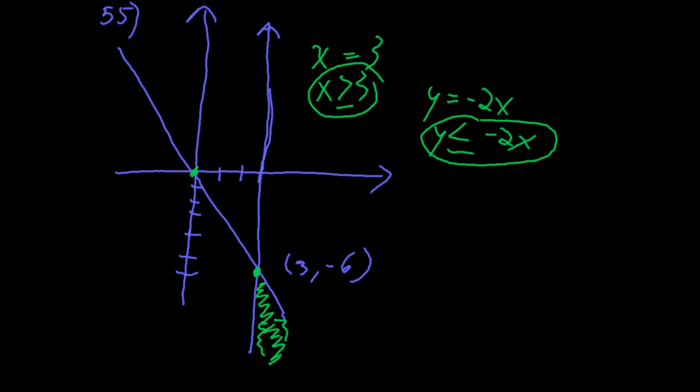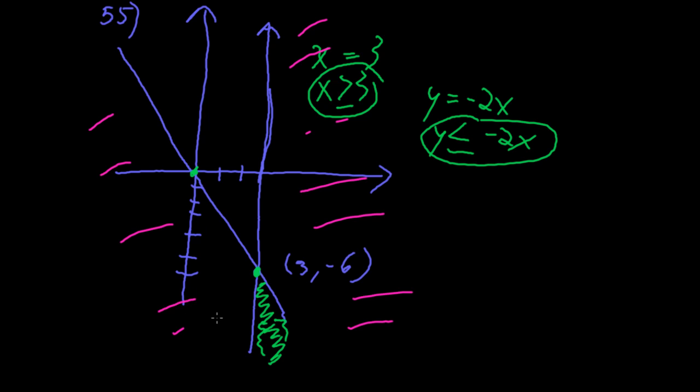Well, if it was or, that means all the values of x that were greater than or equal to 3 would be filled in. So we'd have all this area filled in. Anything to the right of the bar of x would be filled in. And anything less than y equals negative 2x would also be filled in.